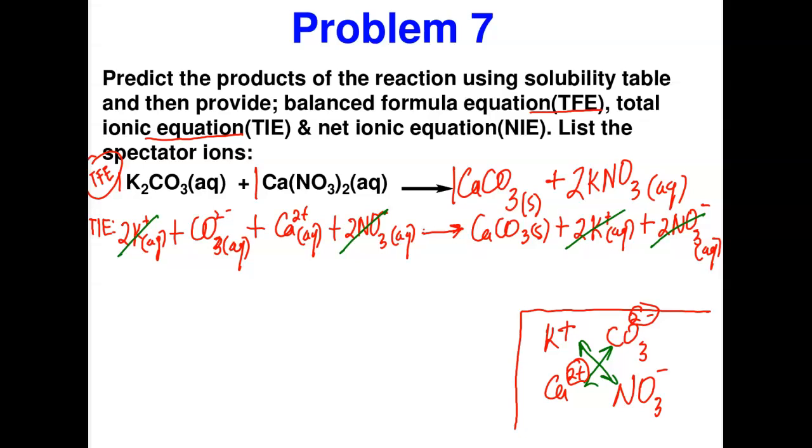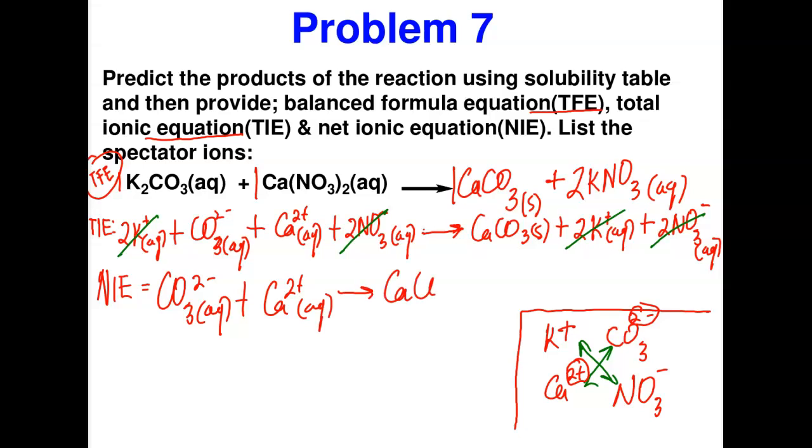Now we'll write the net ionic equation. The net ionic equation will be these ones that are not cancelled. So which will be CO3 2 minus, aqueous, plus Ca2 plus, aqueous, that will give us CaCO3, solid.